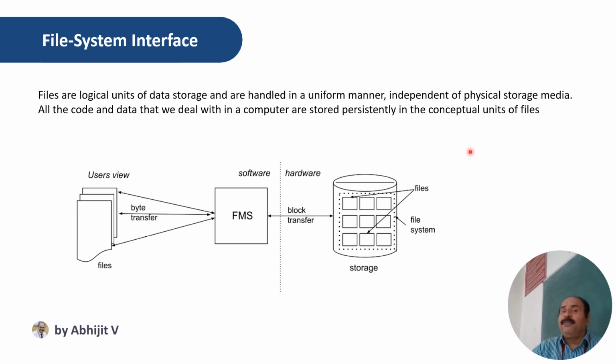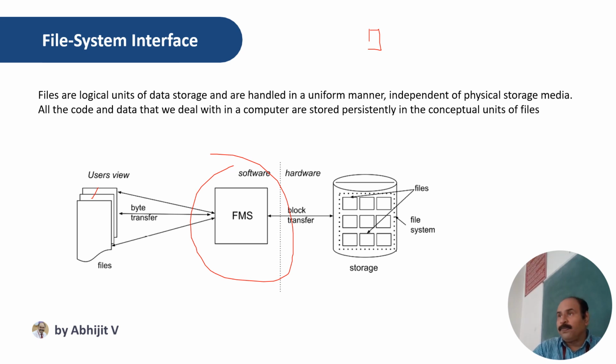So what is meant by a file? There are files. See, these are the files. The file management system, FMS, sits between the user and the hardware, and you have these things organized.